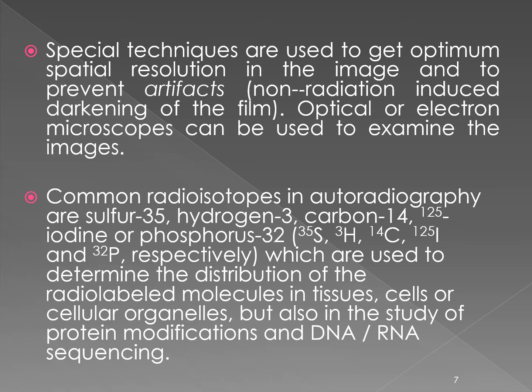Sulfur in the form of sulfur-35, hydrogen-3, carbon-14, iodine-125, and phosphorus-32. These radioisotopes are commonly used to determine the distribution of radio-labeled molecules in tissues, cells, or cellular organelles, but also in the study of protein modifications and DNA or RNA sequencing.